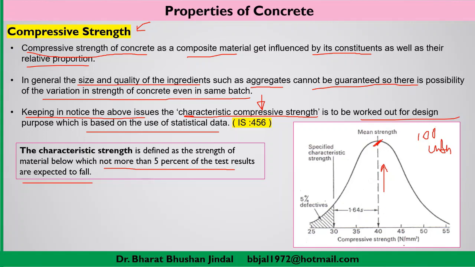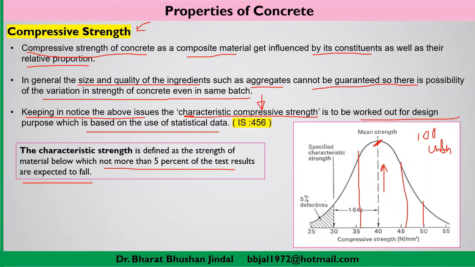Some of the cubes may be giving 35, some 30 MPa, some 45 MPa, some 50 MPa. So what we observe here is that a bell type of curve is formed. Now as per the statistical tool, we will shade here 5% of the area.